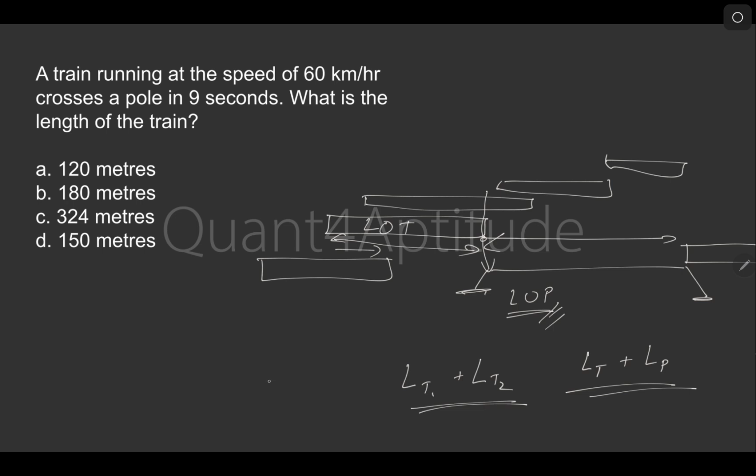If it has to cross a pole, it's nothing but the length of the train. This is the basic concept for understanding the distance to be traveled by a train to cross over either a point or an element which has a length of its own, which in this case is either a platform or another train. Anything otherwise, which is a pole or a gate, or a stone, all these are points. So those will come under these scenarios. This basic is what we need to understand to solve these kinds of questions.